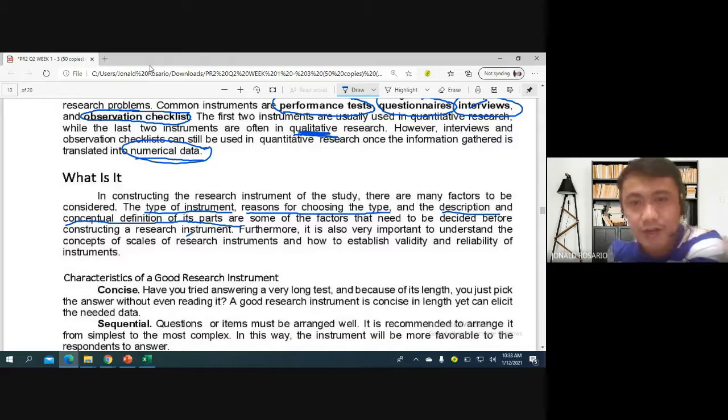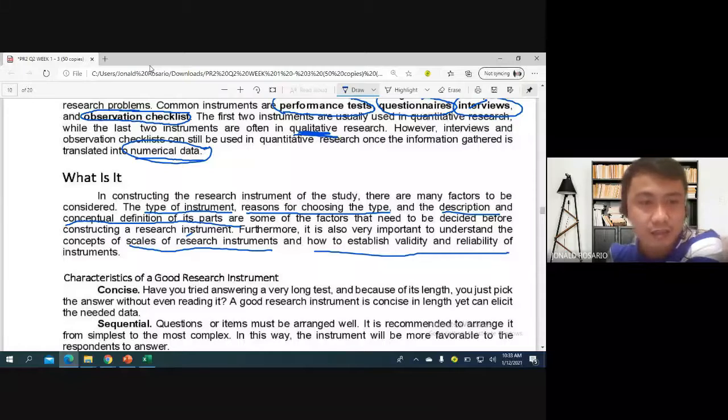Okay, so furthermore, it is also very important to understand the concept of skills of research instruments and how to establish validity and reliability of instruments. Okay, so kailangan clear sa inyo dapat daw yung skills na gagamitin.